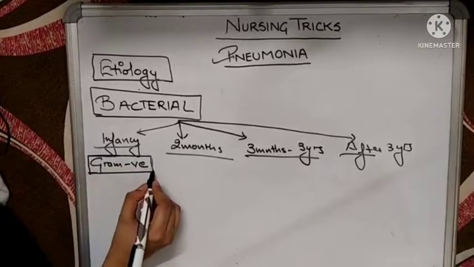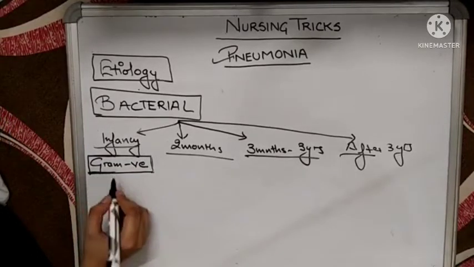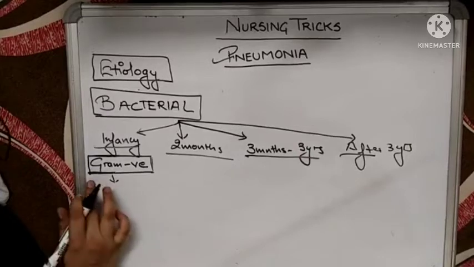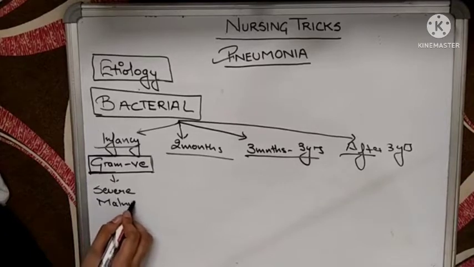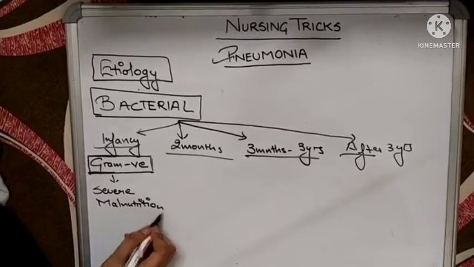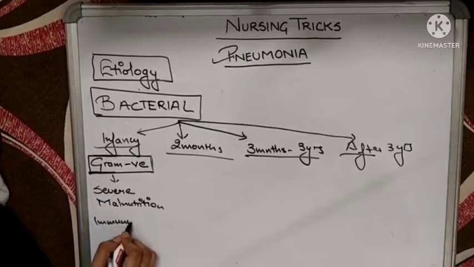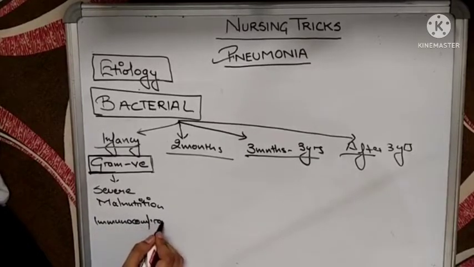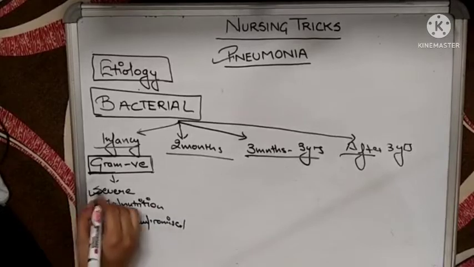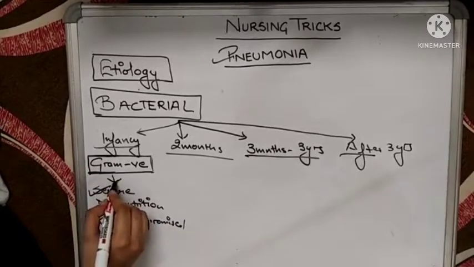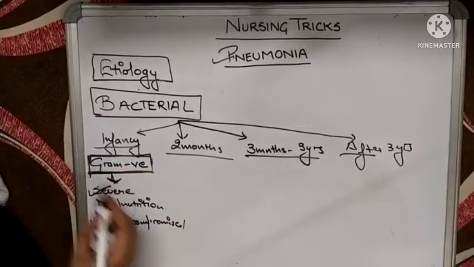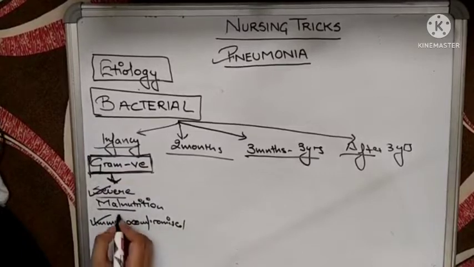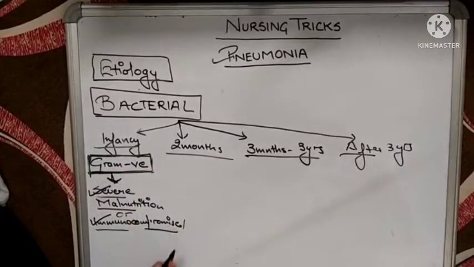Not only the gram negative bacteria, we can say if the infant is having severe malnutrition, or if the child is having an immunocompromised state, these two factors can precipitate the pneumonia. So along with the gram negative bacteria, if the child is having severe malnutrition or is immunocompromised, it can lead to pneumonia in infancy.